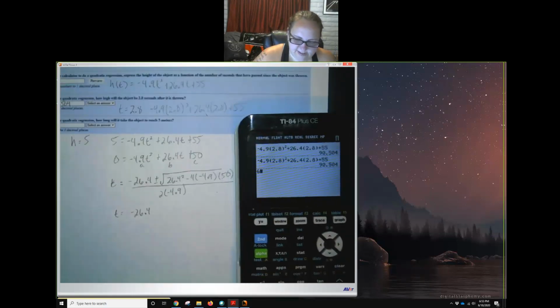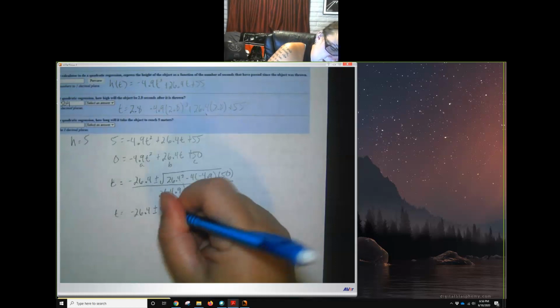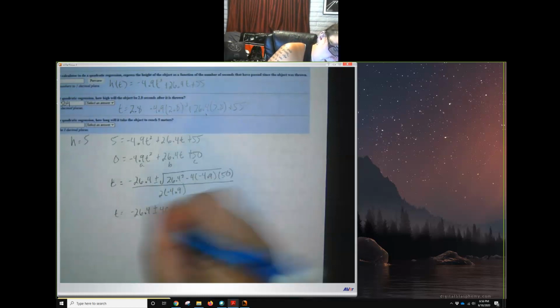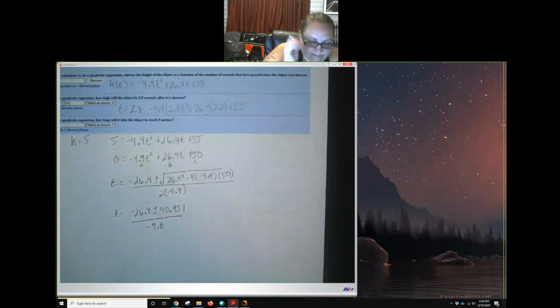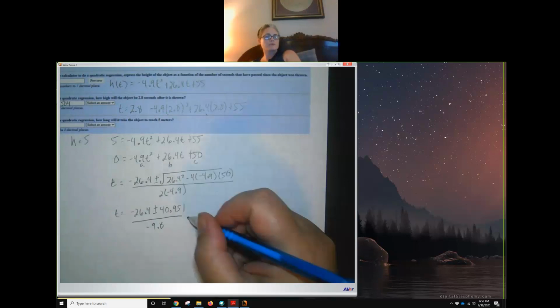So 26.4 squared minus 4 times negative 4.9 times 50. And then we want the square root of that. So that's going to be 40.951. And again, we're going to split.